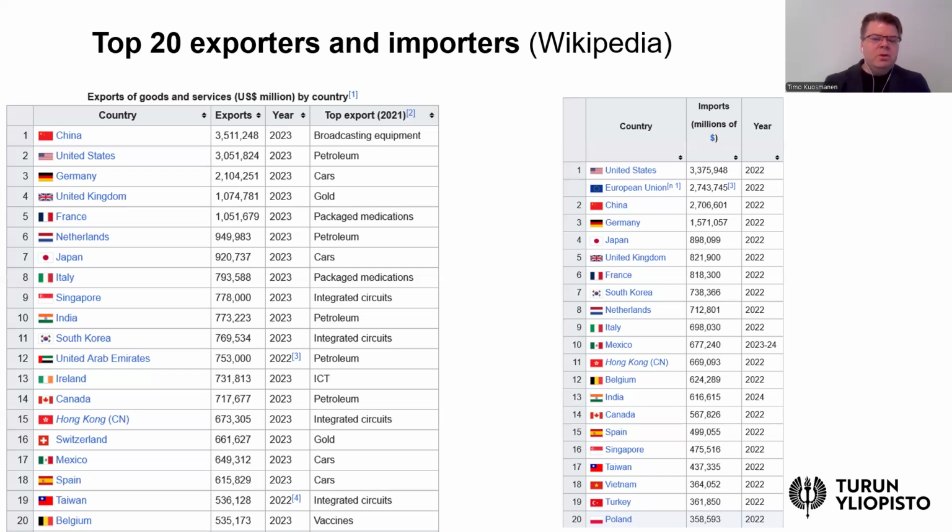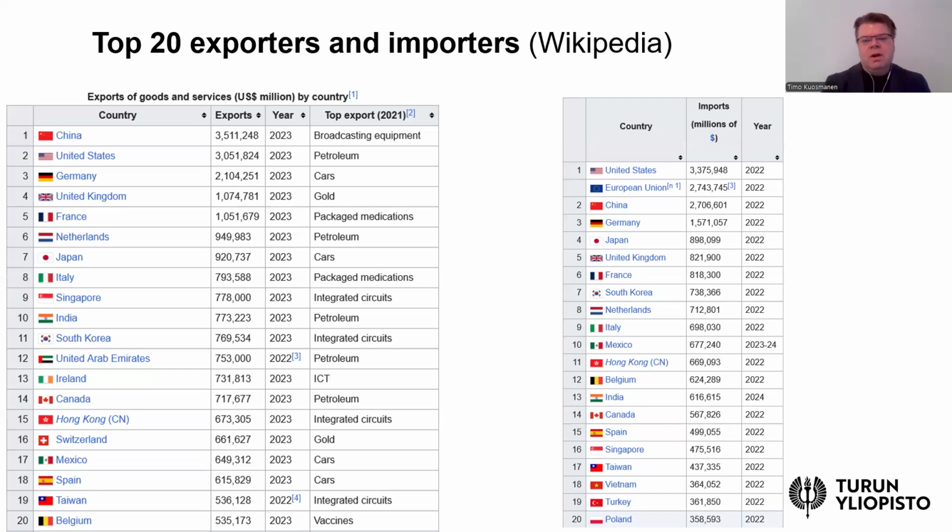Then the picture becomes a little bit different if you consider imports rather than exports. Imports are what a country is bringing from other countries. Exports are what the country is selling to other countries. If you consider imports, then by far the United States is the largest importing country.